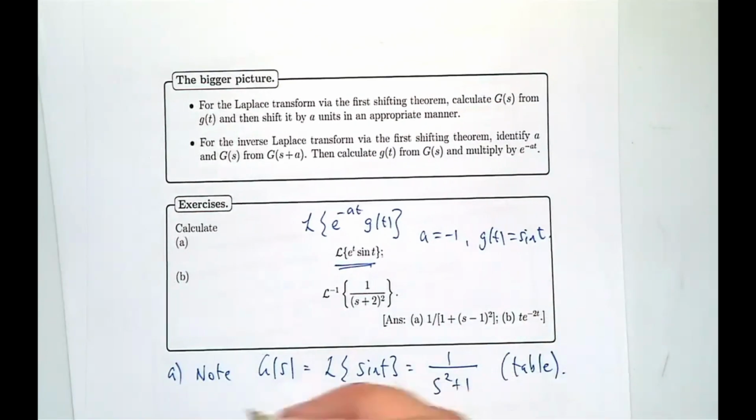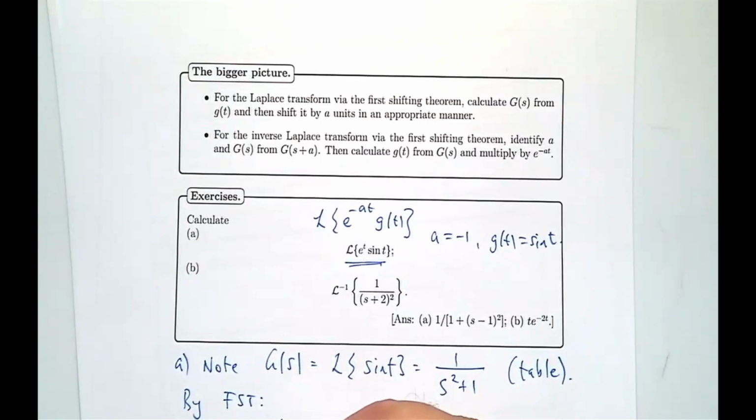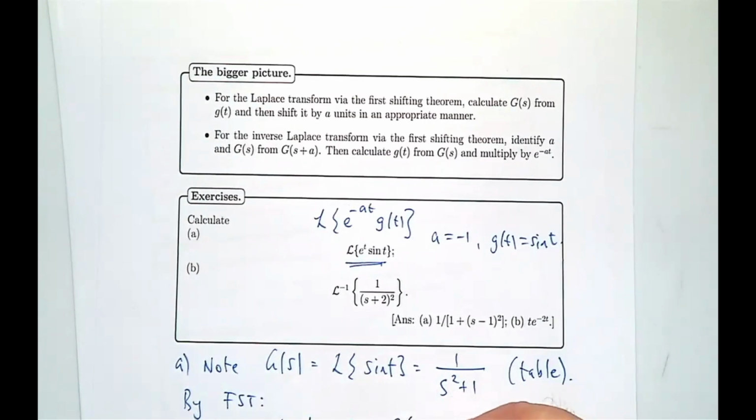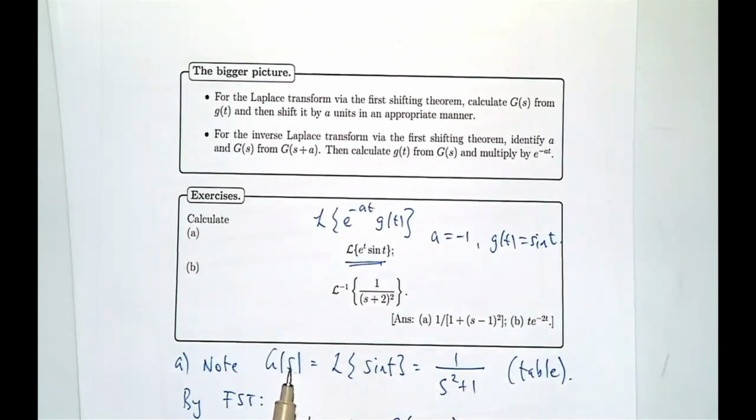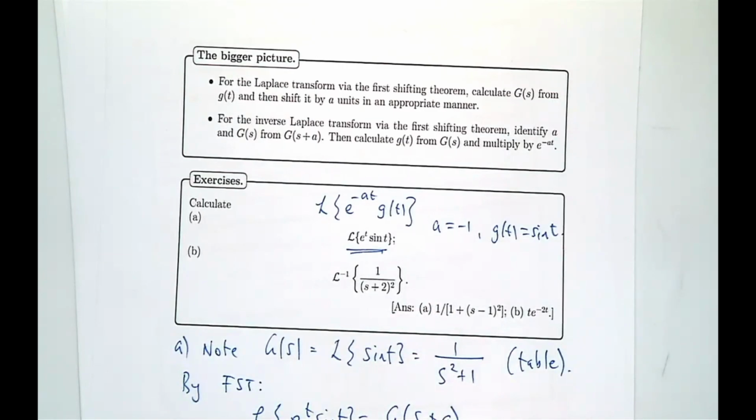Now what? First shifting theorem. Okay, so it's the transform shifted a units, and in this case, a equals -1.